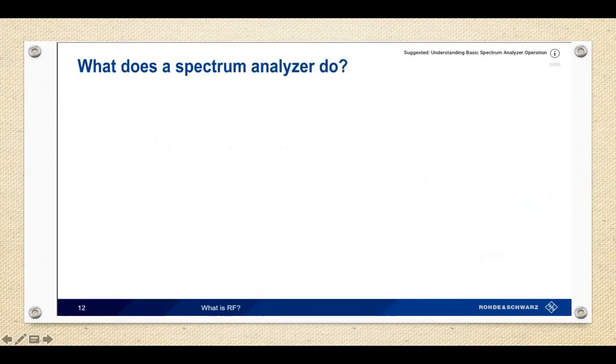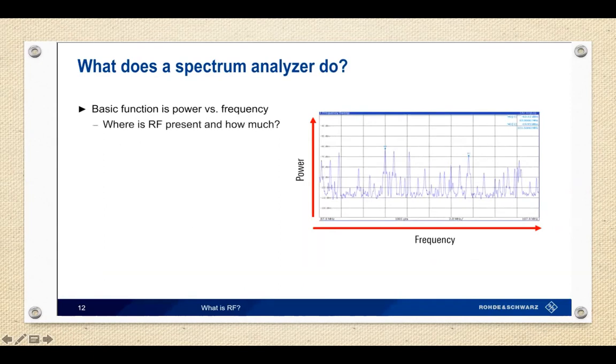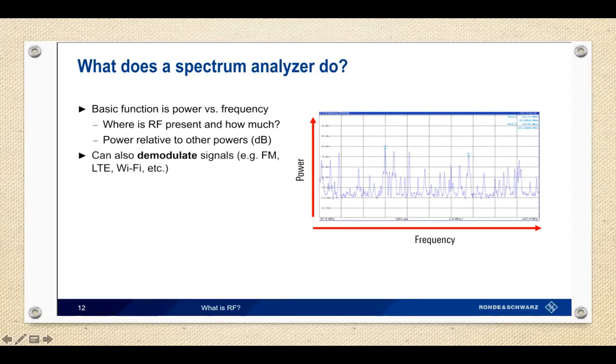The most basic function of a spectrum analyzer is displaying power versus frequency. This is a fancy way of saying that we want to know where RF is present and how much RF is present. In many cases, power is measured relative to other powers and is therefore expressed in dB or decibels. In addition to the basic power versus frequency display, many spectrum analyzers can also demodulate different types of signals.